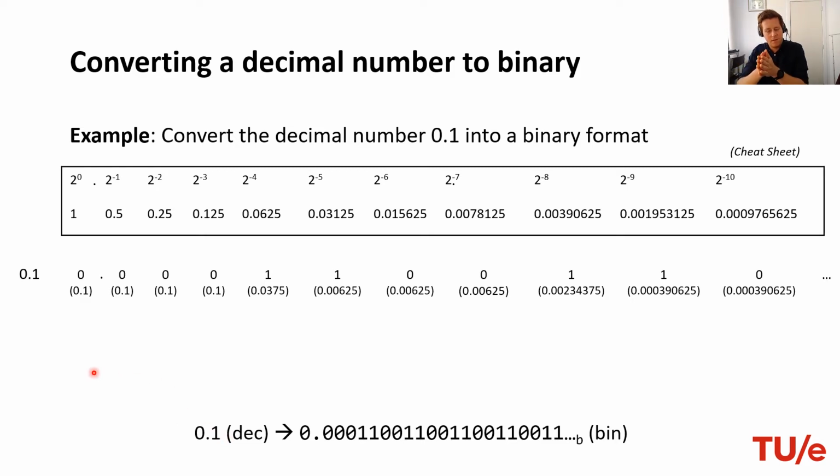You will get closer and closer and closer. We see that this remainder gets smaller and smaller, but with a finite amount of powers of 2, you can never form 0.1.